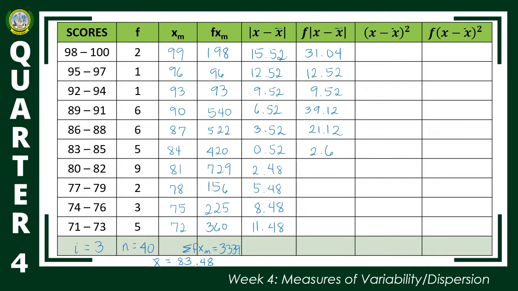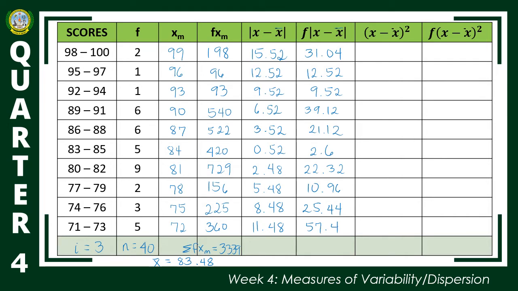Next, 9 times 2.48 is 22.32. Next is 2 times 5.48. It's 10.96. Next ay 3 times 8.48. That is 25.44. And last po is 5 times 11.48. So that is 57.4.